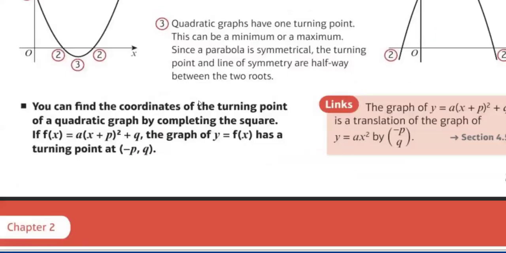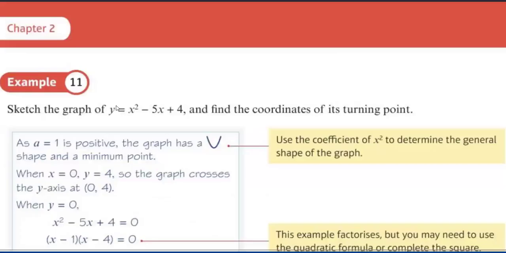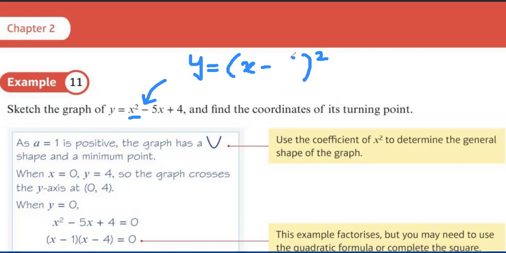Then we can find the turning point of the quadratic graph after changing that given quadratic function, like this, into completing square form. x square means we have to write x, then minus, then the coefficient of x divided by 2, then minus that squared, 25 over 4, then balance also there, plus 4.